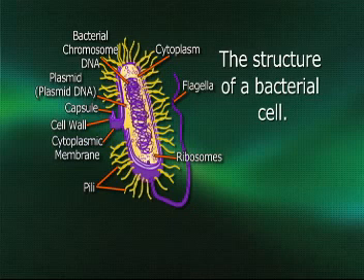Since bacteria cells are prokaryotes, they do not contain membrane-bound organelles in their cytoplasm. The capsule and the flagellum, which we can see in the diagram, are structures that are actually not common in all bacteria cells.